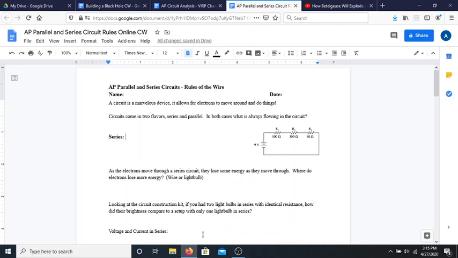To start with, regardless of if a circuit is in series or in parallel, it allows something to flow through the circuit. For us, the most important thing that a circuit does is it allows electrons, or in this case, we're going to refer to it as current, to flow.